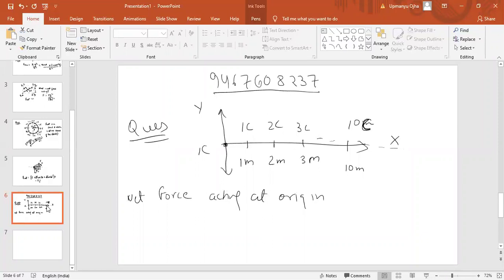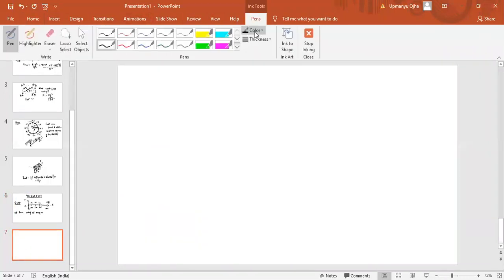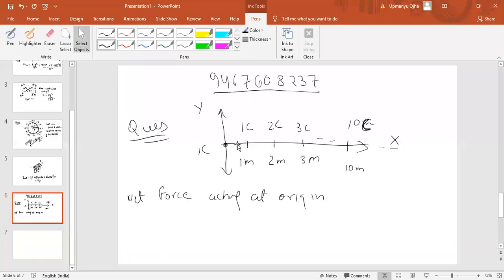Okay. So let us do this problem now. Now we need to find the net force acting on this charge at the center. Now look at this. The force on the origin due to 1 coulomb charge will be along this direction.